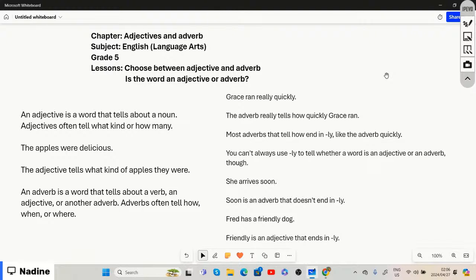Adjectives often tell us what kind, or they will tell us how many.